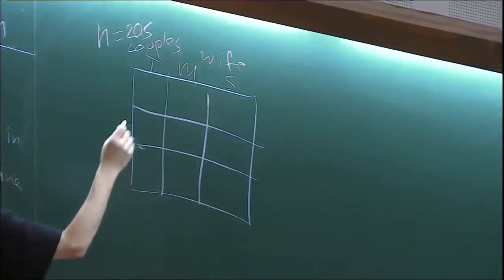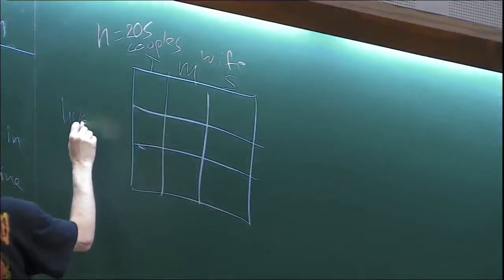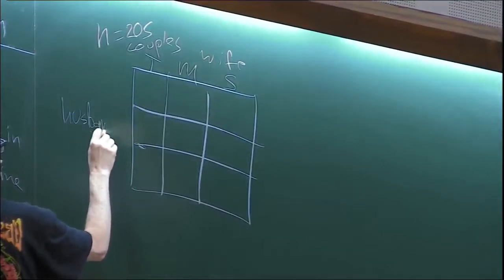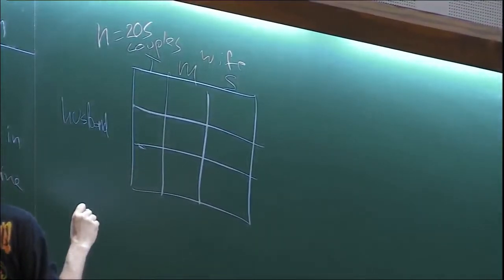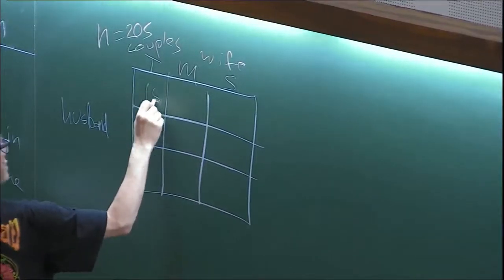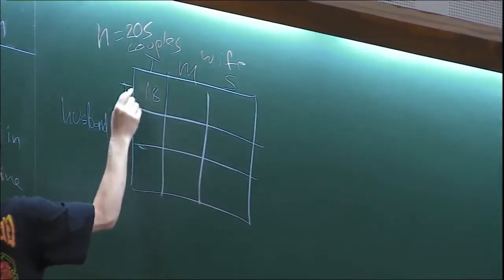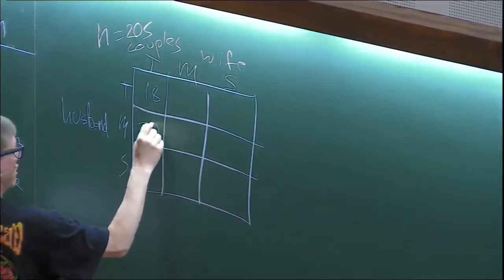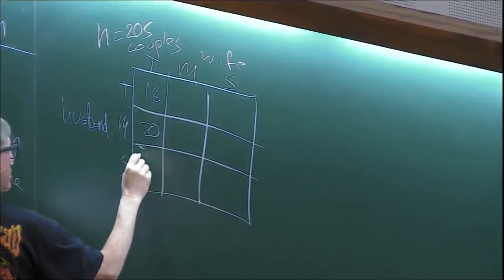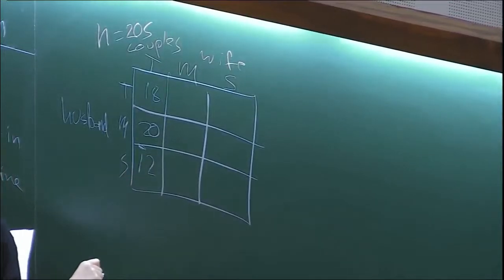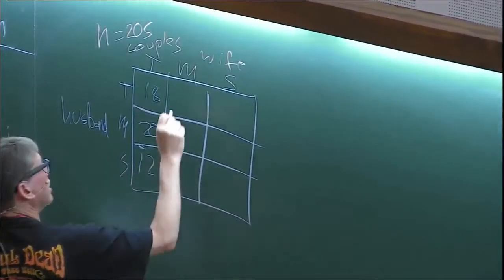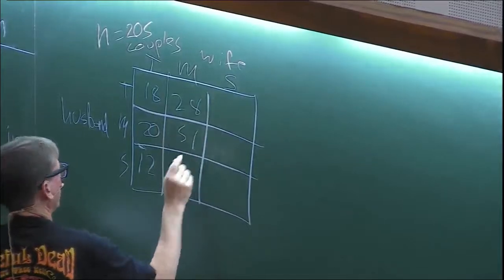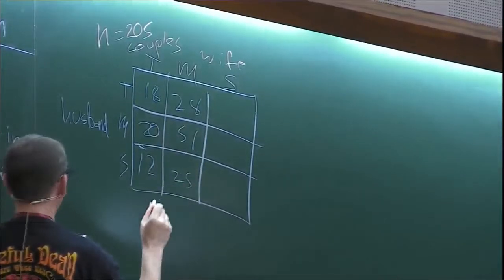Okay, this is the height of the wife, the height of the husband. And so there were 18 tall matches and 20 medium tall matches and 12 tall short matches. And you have similar data elsewhere.